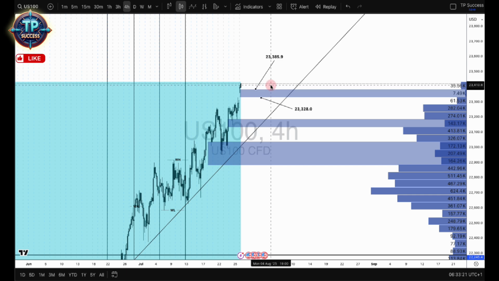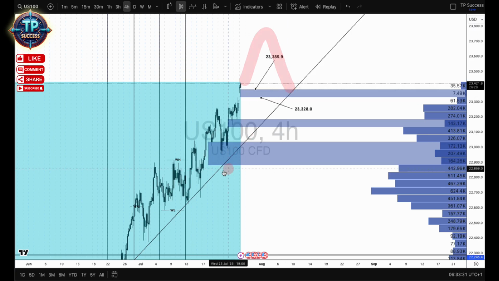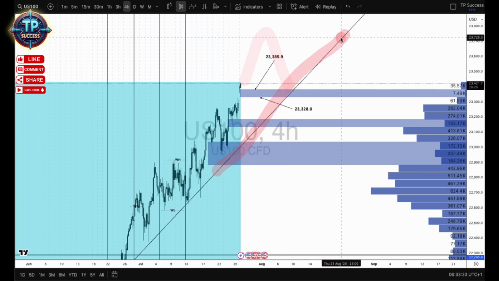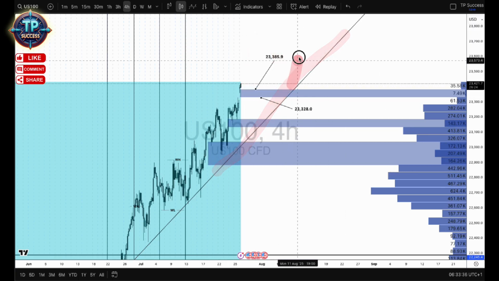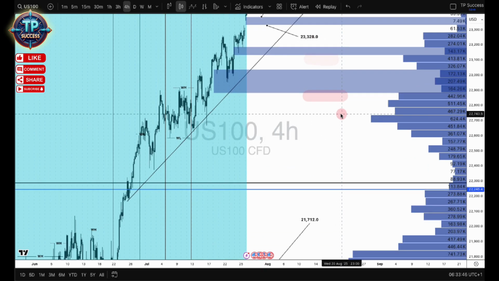I could tap in at that level, and at that point I would expect it to go something like this, go really high, then possibly come back and touch this trend line, right? Touch this trend line, and then at which point it might even go up higher, or you might just break it. And if it does, then we know we're looking for sales at these levels. Sales at these levels all the way down to point of control.